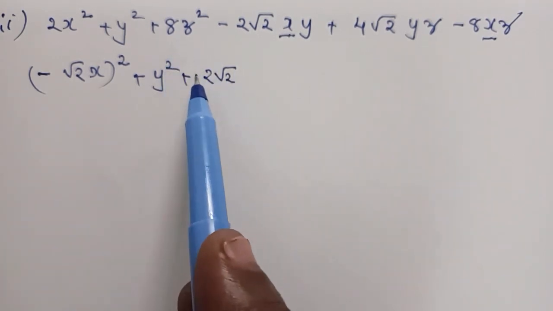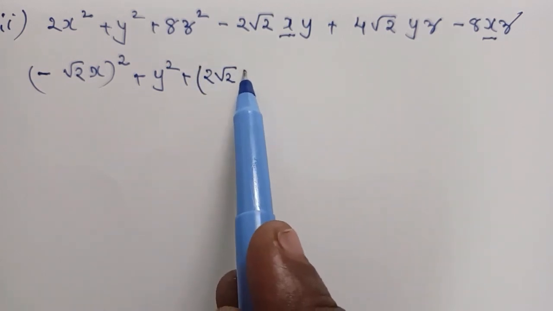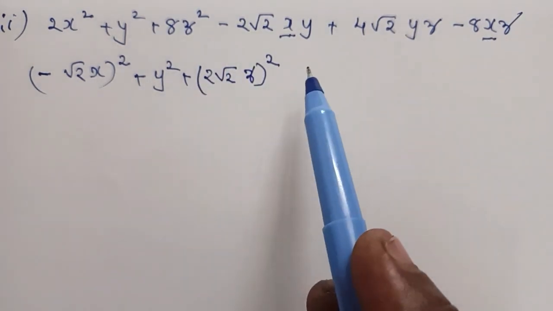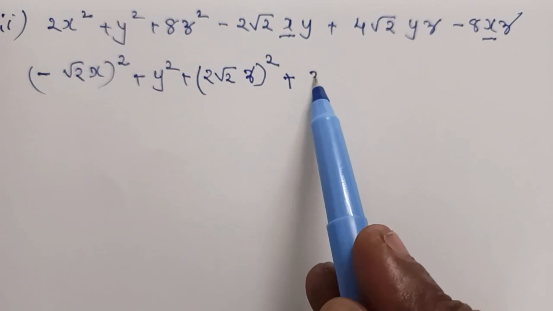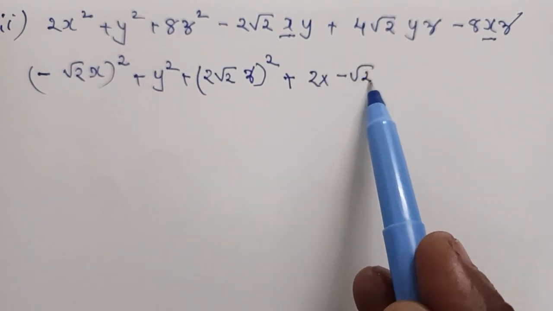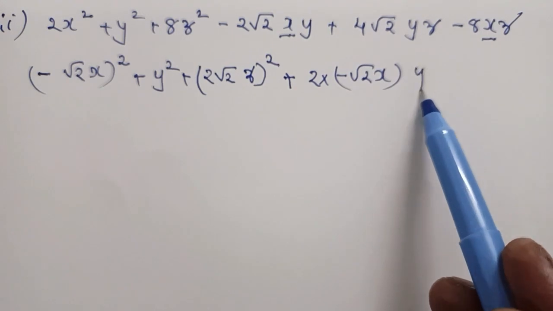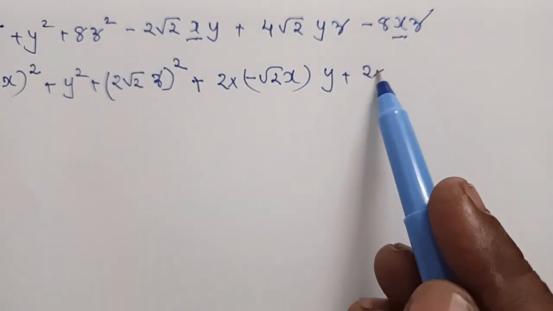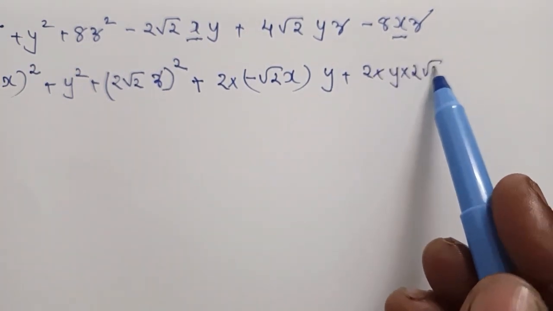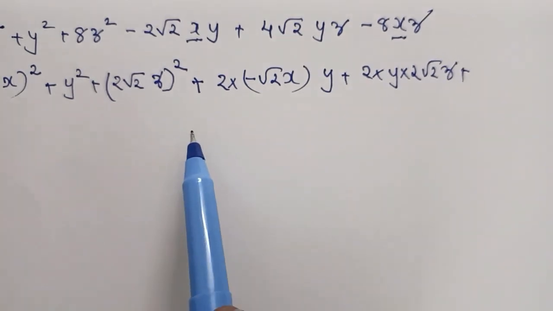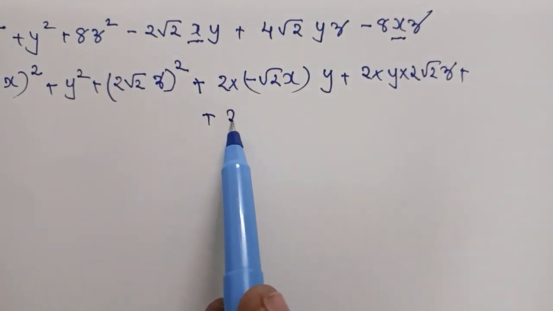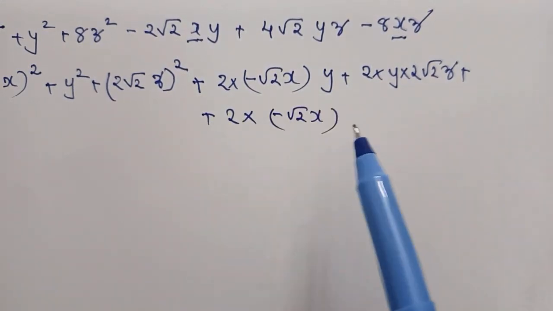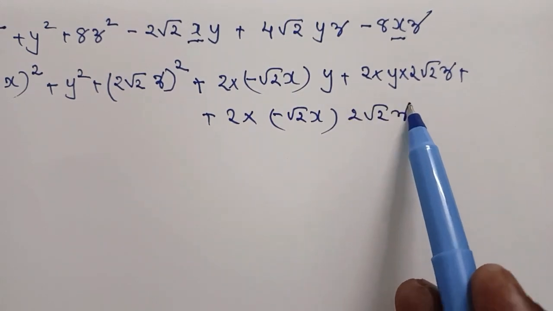So 8z square is 2 root 2 z the whole square, plus 2ab, that is 2 into minus root 2x into y, plus 2bc. 2bc is 2 into y into 2 root 2 z, plus 2ca. 2ca is 2 into a, it is minus root 2x, into c, that is 2 root 2z.